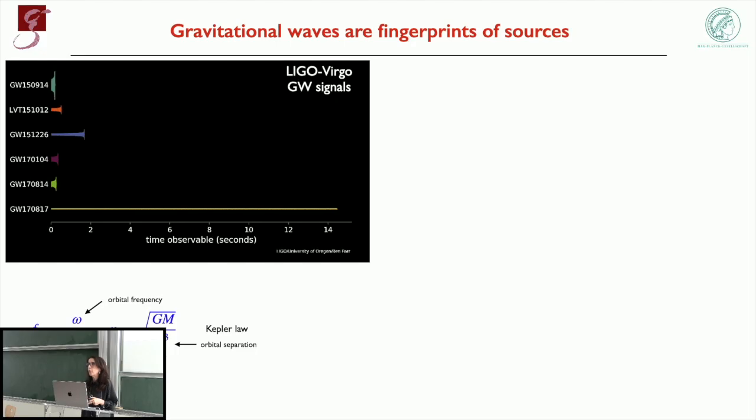For example, if you have eccentricity in the binary, then omega will have oscillations. If you have the precession of the spins of the two black holes that precess along the direction of the total angular momentum, also this frequency is going to oscillate. But that doesn't matter, in the sense that you will take into account all these effects. Okay, but there are no fluctuations which would blur essentially.